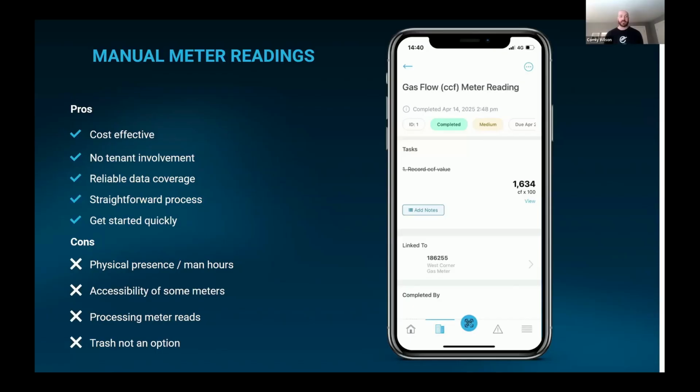Another factor to consider, drawbacks for manual meter reads, is somebody has to process the meter reads. And when it comes to gas in particular, a lot of these meters do not have digital outputs. They are five different dials, and you have to use some algorithm to figure out what the number is. If you're depending on a property manager to do that, they're busy.